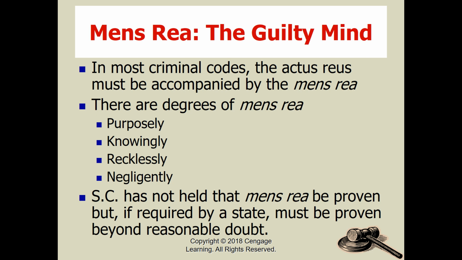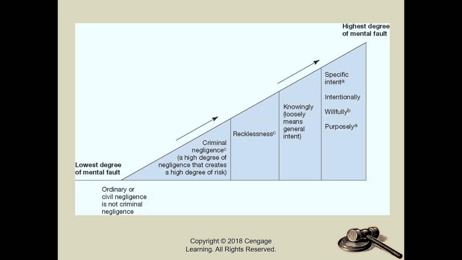Now, it has to be shown that someone had the requisite state of mind, but it's really not subject often to the same physical proof requirement that you see for the physical act. And we're going to get a very nice slide here, which is going to show that we start off with simple negligence. And if it's not severe enough, it's usually civil, so an accident.